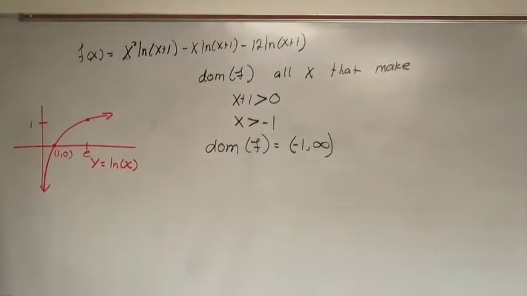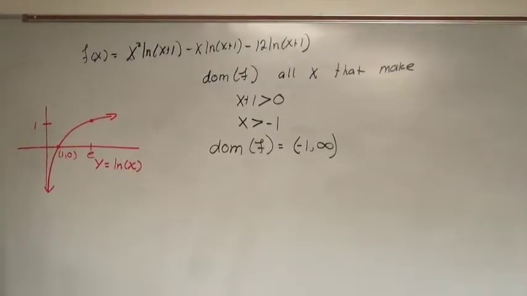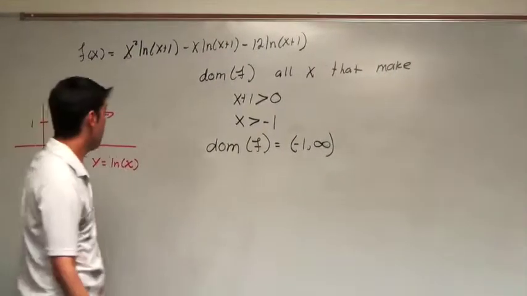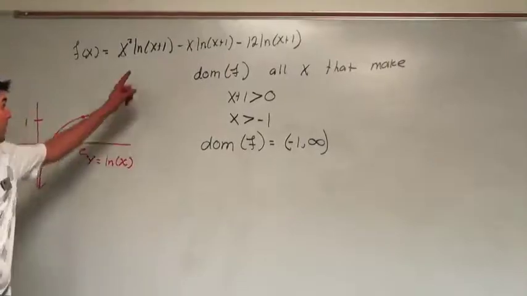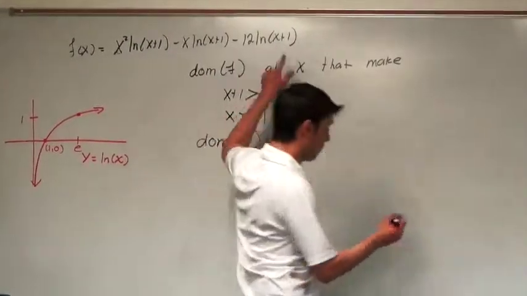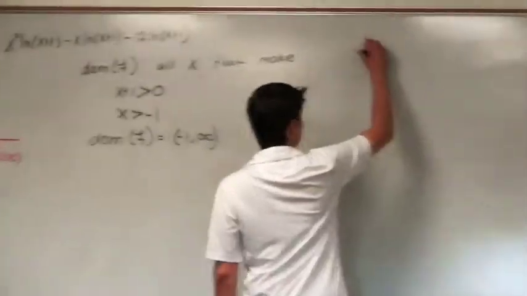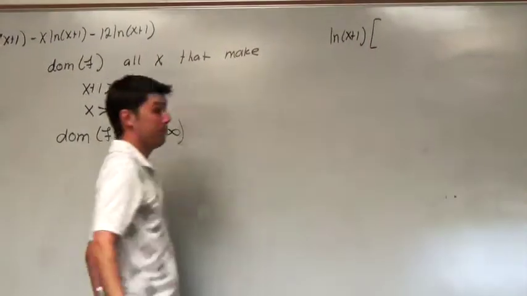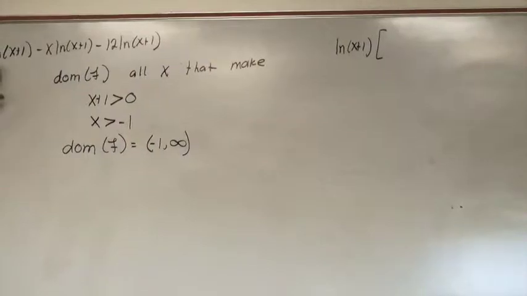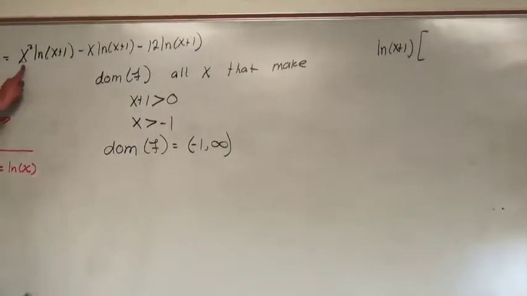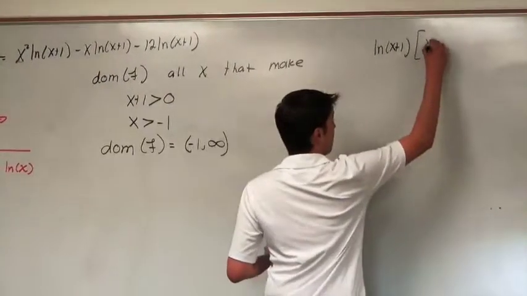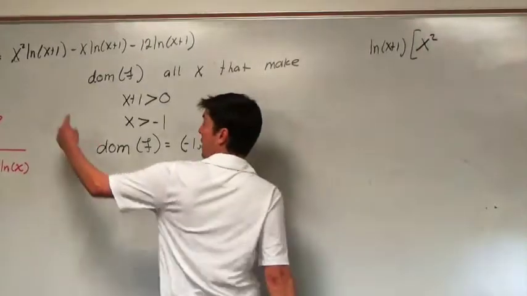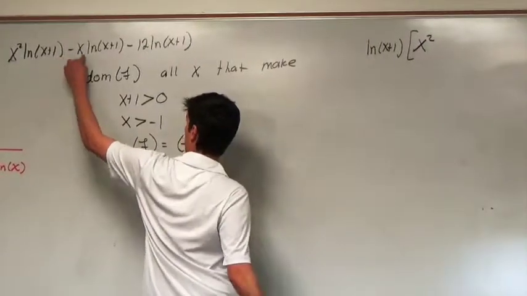Now we can find where it's 0, positive, and negative, so we need to start factoring this. The first thing I see is a common factor of log of x plus 1, so we can factor it out. If we take the log out of the first term, we'll be left with an x squared. If we take the log out of the second term, we'll be left with a negative x.